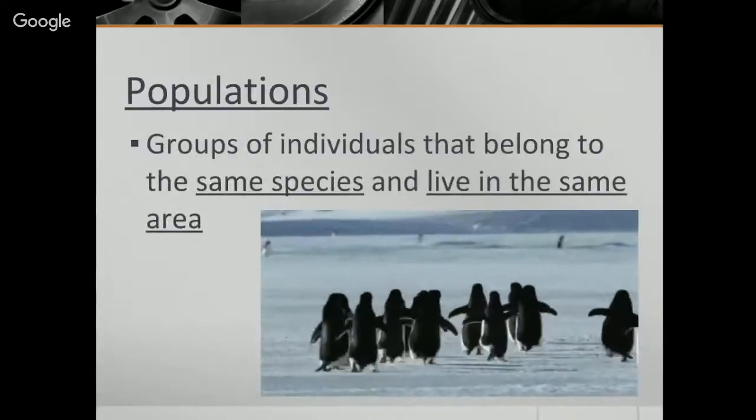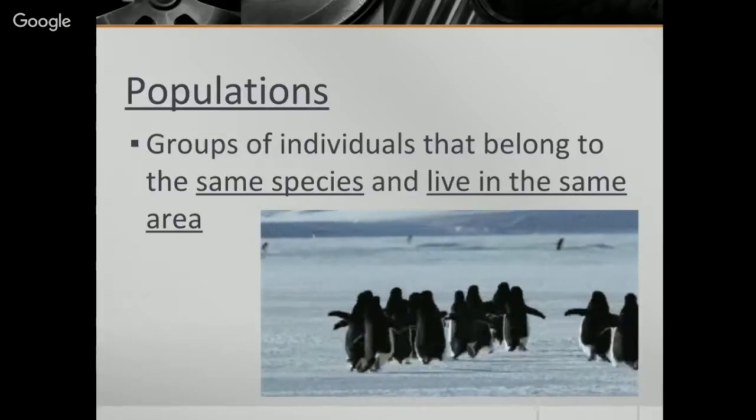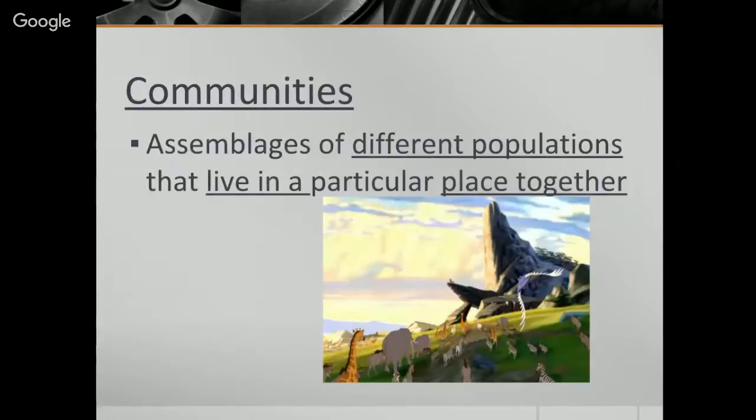Populations are groups of individuals that belong to the same species and live in the same area. Communities are assemblages of different populations that live in a particular place together. Here I picked that picture from Lion King because I knew that you have probably all seen it, and you know how Rafiki holds Simba up and shows him to all the animals and all the animals bow down to him. Well, that is the community of animals for Pride Rock.